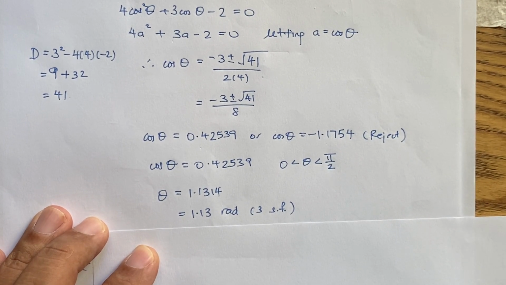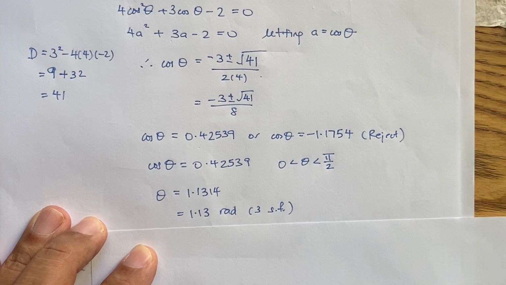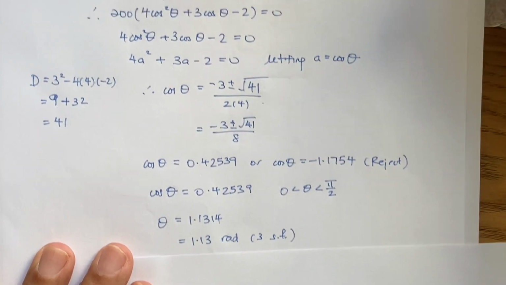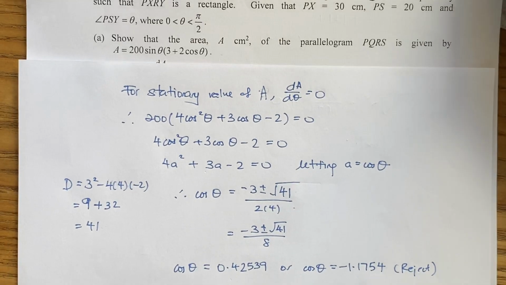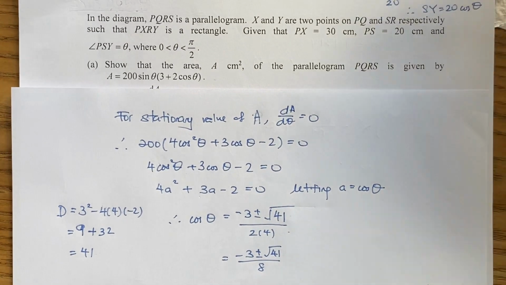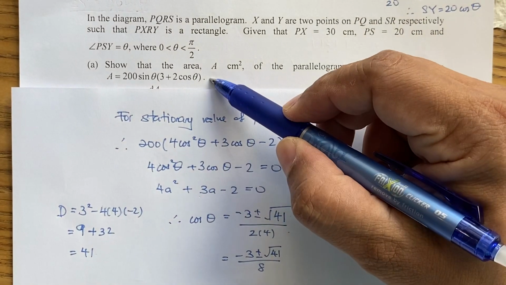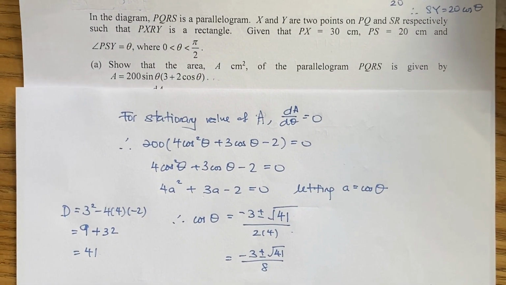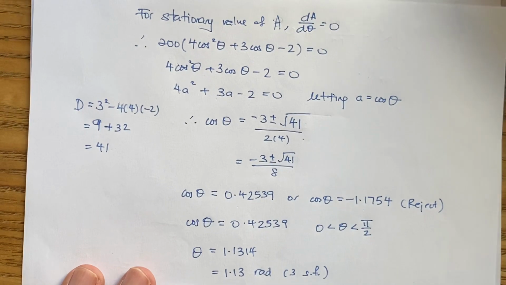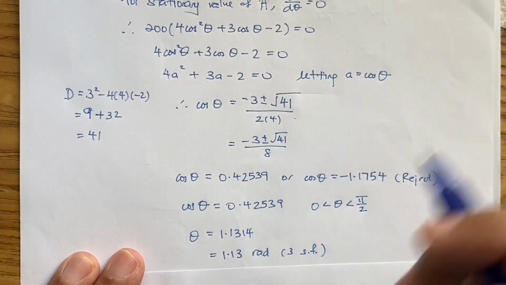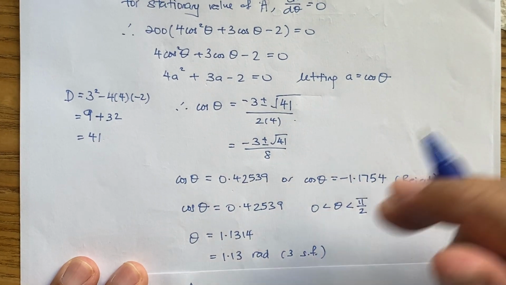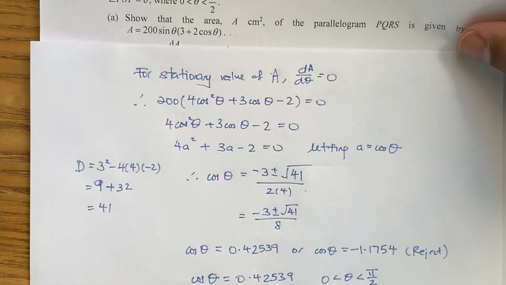Okay, so what will be the stationary value of A? Now, since we know that A is given to be this, we are going to substitute 1.1314 radian into the formula. So we are going to get A equals to, the formula is here.